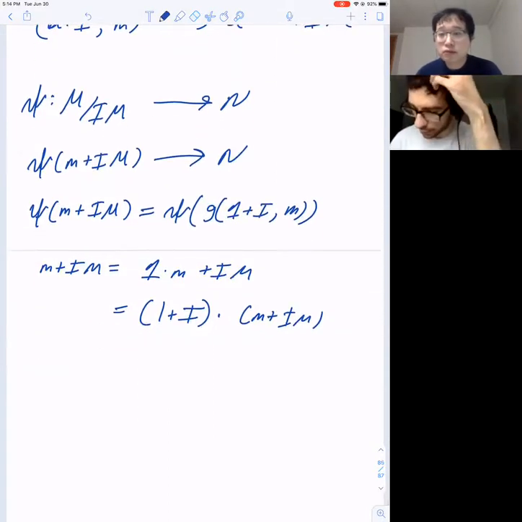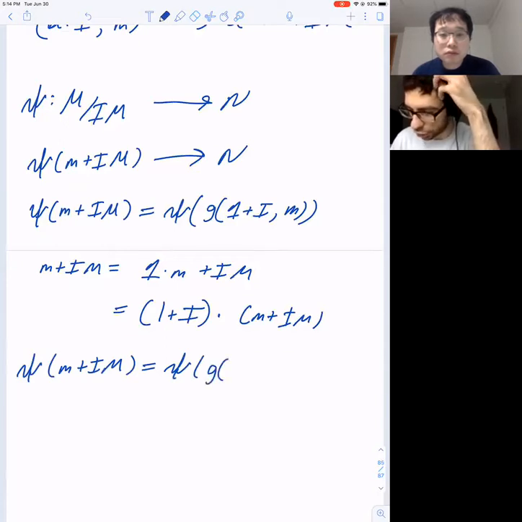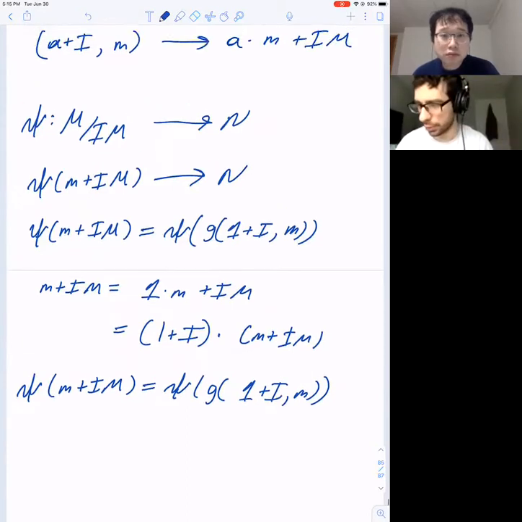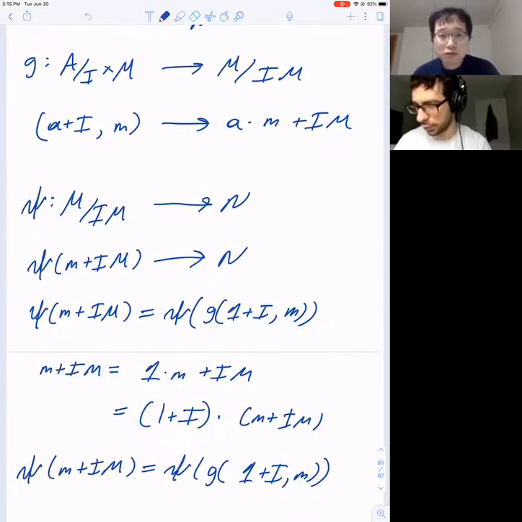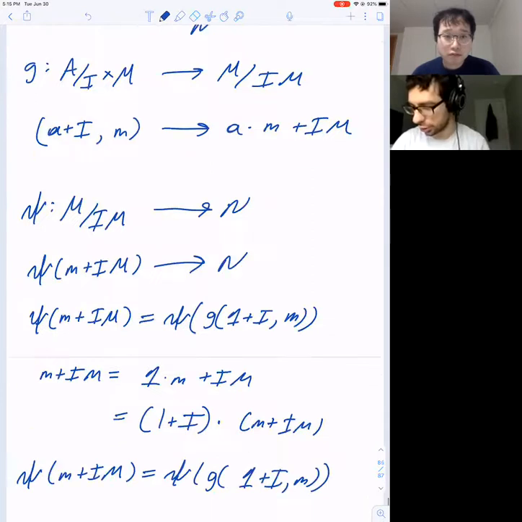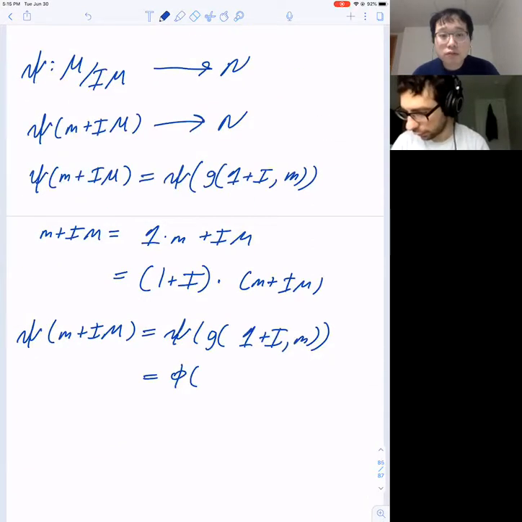So psi of M plus IM is going to be the same as psi of G of 1 plus I comma M. So what is this map going to be? So remember, I want this to be a commutative diagram. So psi of G should equal phi of 1 plus I comma M.